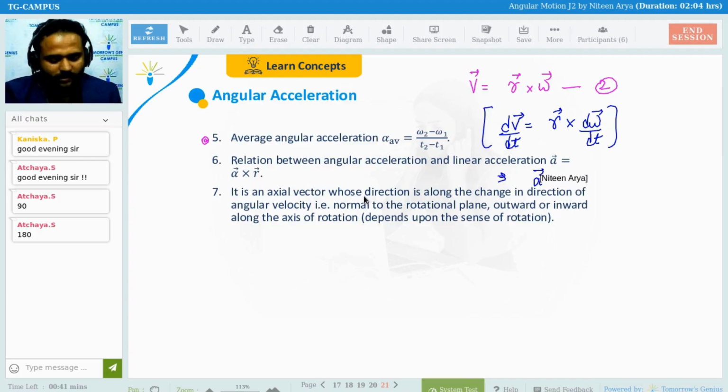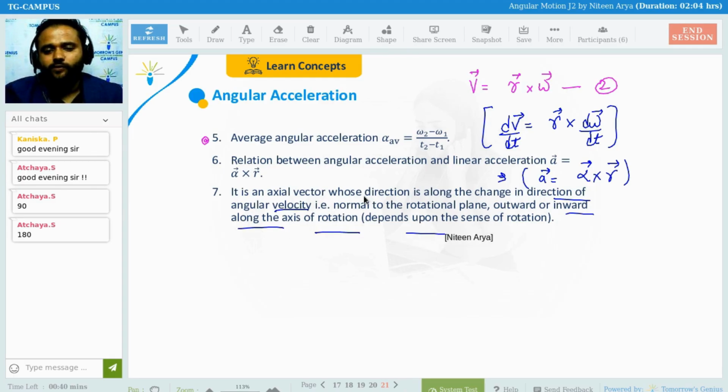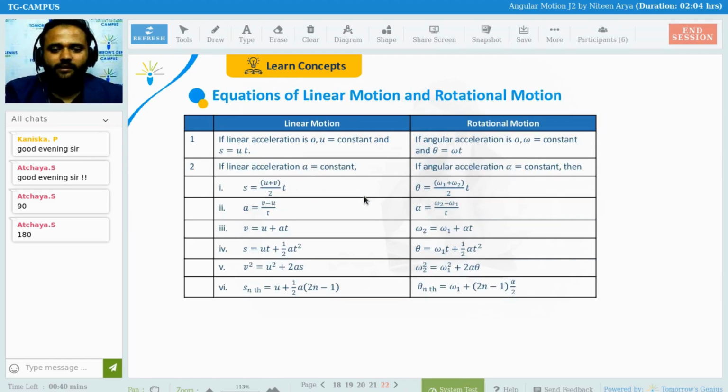So from here we get linear acceleration is nothing but alpha cross r. It is an axial vector whose direction is along the change in the direction of angular velocity, that is normal to the rotational plane, outward or inward along the axis of rotation, depending upon the sense of rotation. Clear? So these are basically the properties.